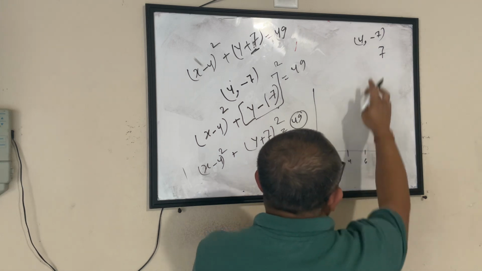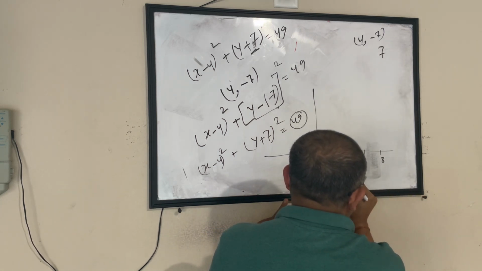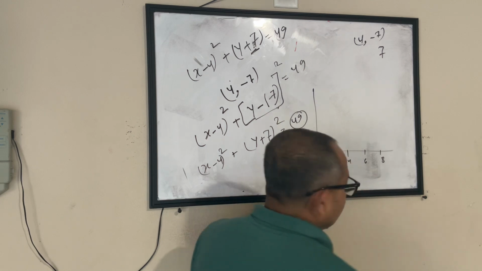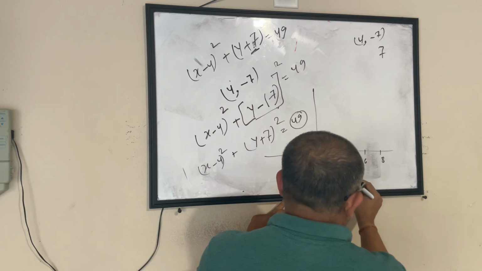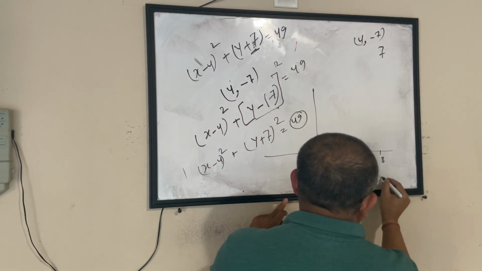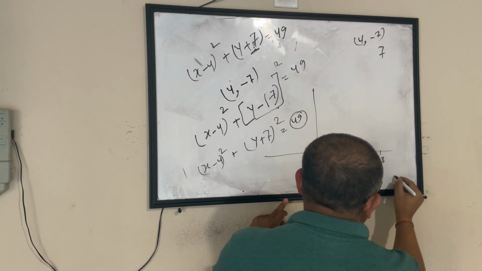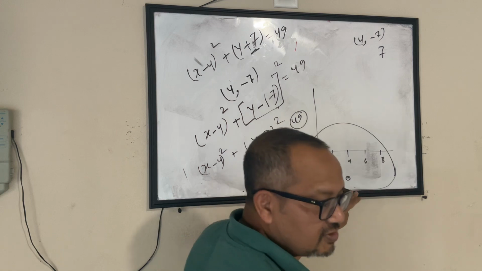My center is 4, minus 7. My center is somewhere here. If I have to draw a circle with radius 7, we are talking about this kind of a circle. So this is going outside my board.